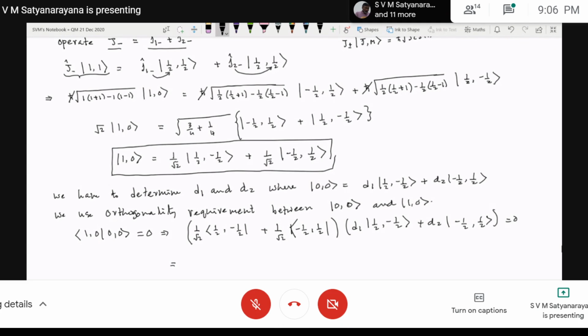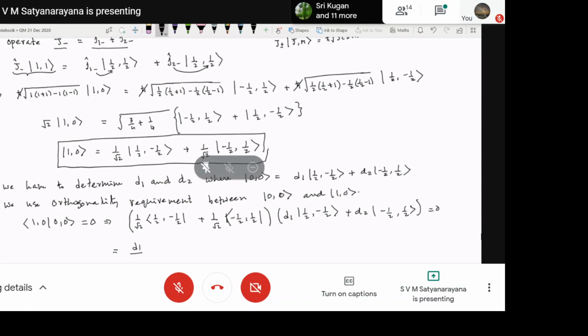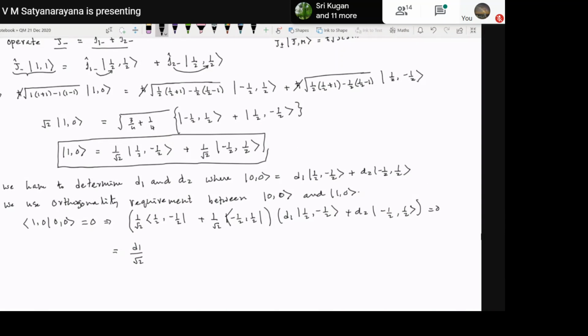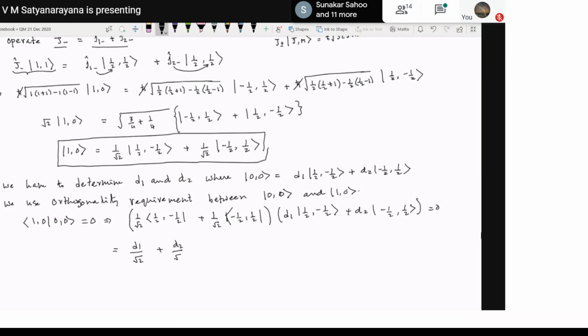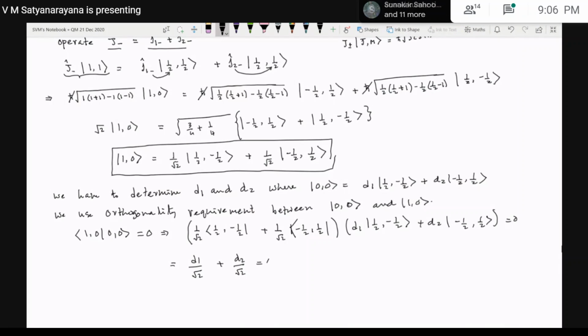So that implies D1 by root 2 plus D2 by root 2 should be equal to 0. That tells you my D1 has to be equal to minus D2.